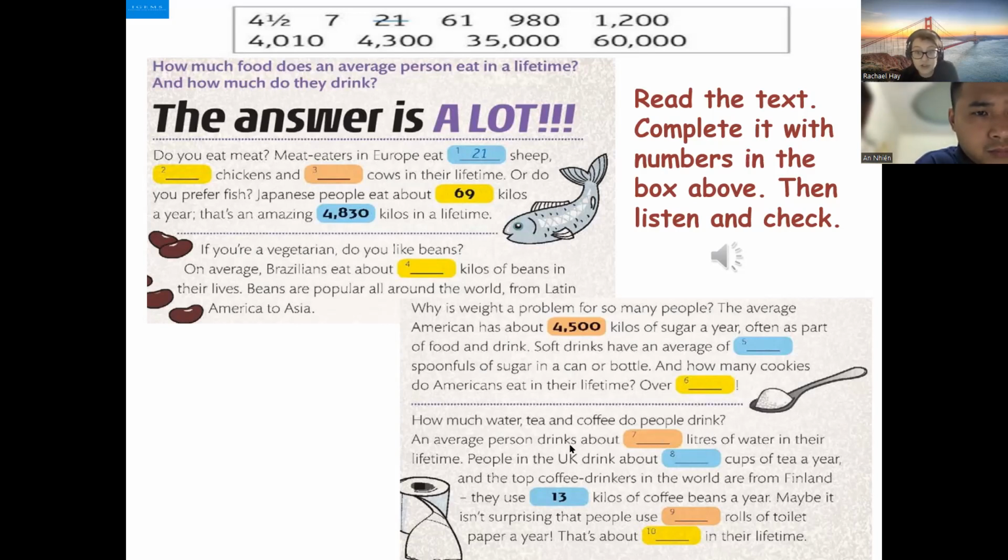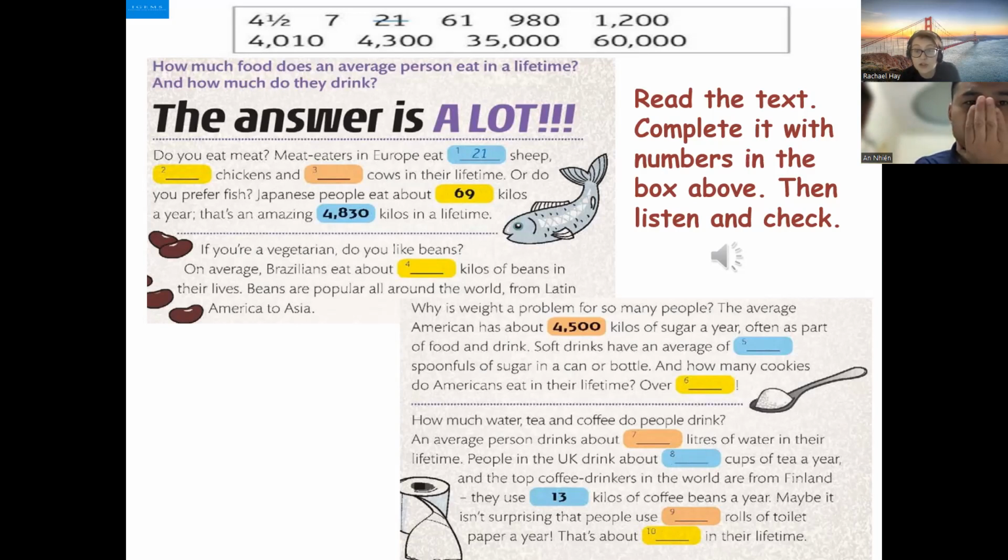An average person drinks about blank liters of water in their lifetime. People in the UK drink about blank cups of tea a year, and the top coffee drinkers in the world are from Finland. They use 13 kilos of coffee beans a year. Maybe it isn't surprising that people use blank rolls of toilet paper a year. That's about blank in their lifetime.